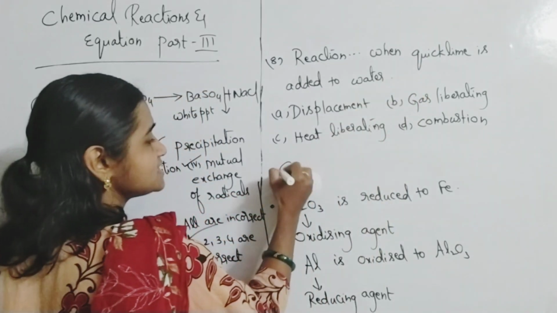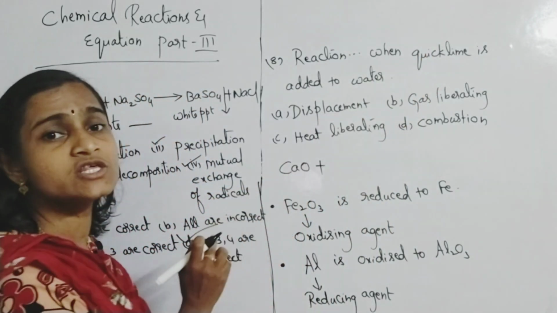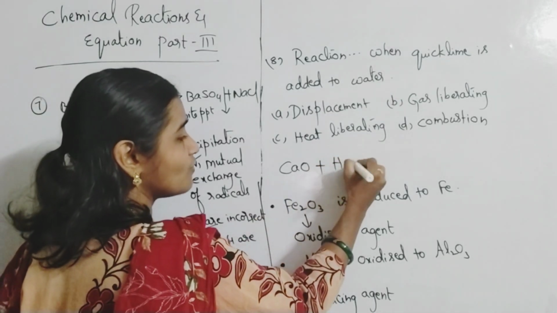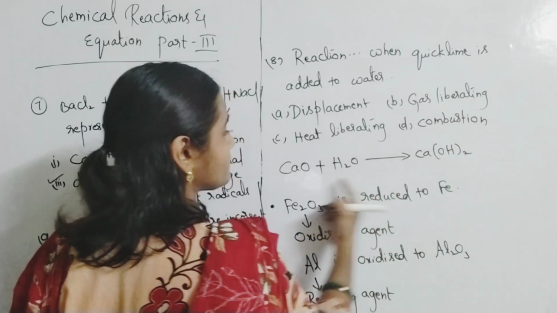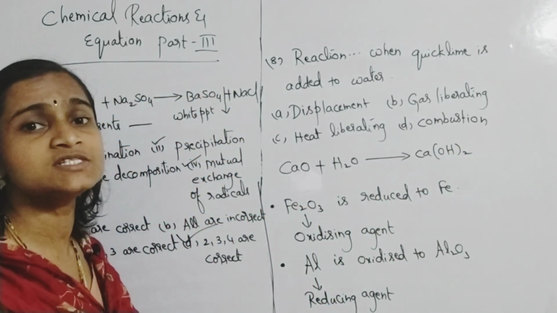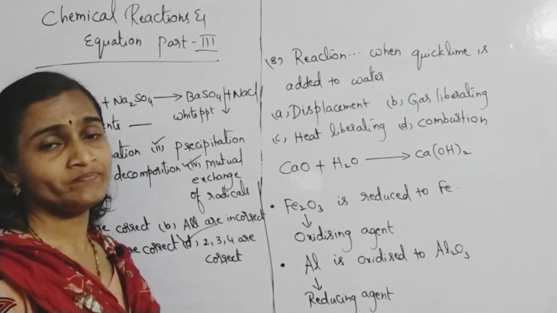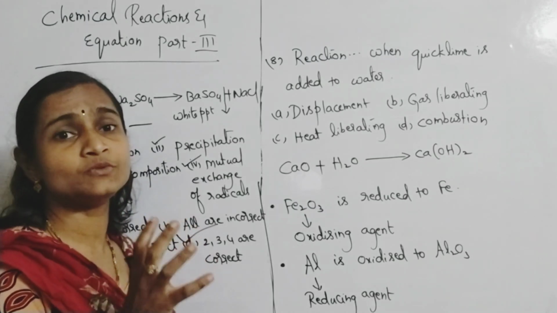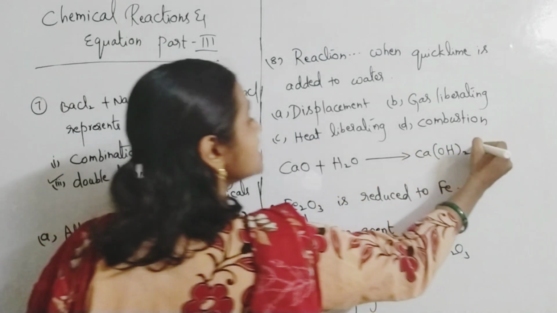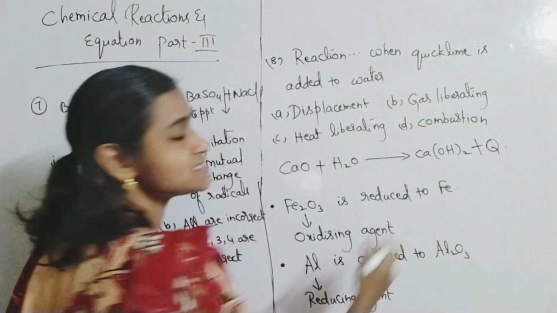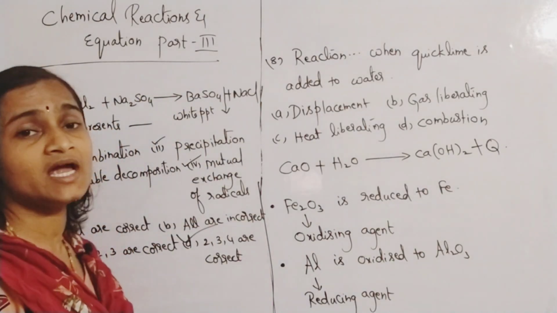We have learned the equation for this. Quicklime is calcium oxide, and when it reacts with water, it forms calcium hydroxide. Do you remember the observations, dear children? A hissing sound comes, and the test tube or container becomes a little hot, which shows it is plus Q. Q represents the amount of heat energy released during the reaction.